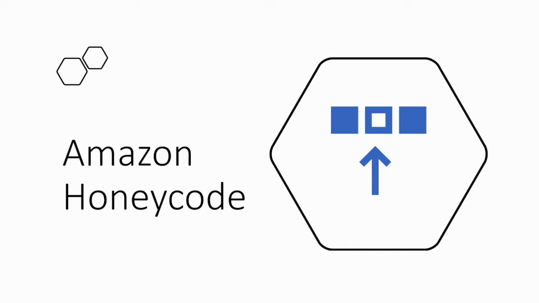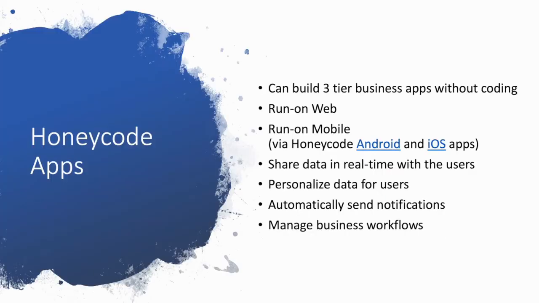So what is Amazon Honeycode, guys? It's a fully managed service from AWS that you can use to build 3-tier business applications. So you can build apps with data storage, business logic, and user interfaces with Amazon Honeycode. Now the apps that you build with Honeycode can be run on web and mobile. However, if you want it to run on mobile, you have to download the Honeycode app from the Android or iOS app stores.